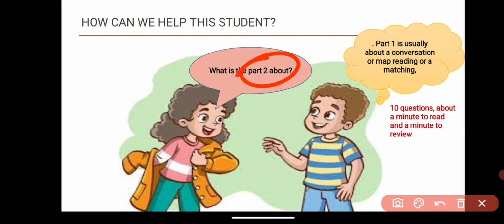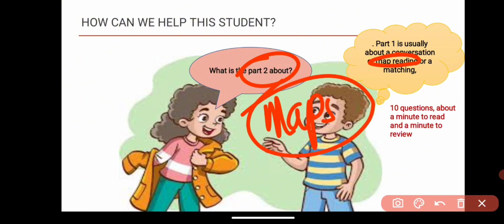So, like I just said, what is part two all about? It's usually a conversation, and one other thing, it can also involve map reading. I know most people will tell you, I'm so scared of map reading.